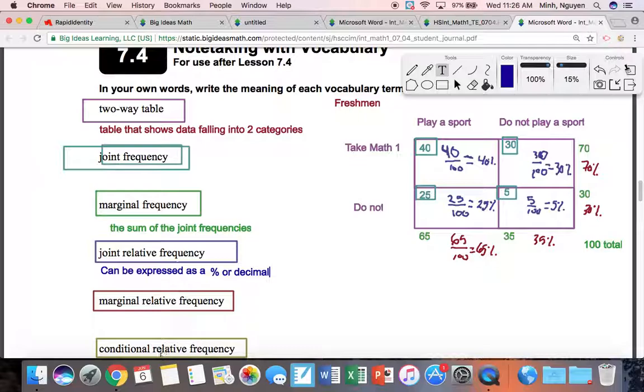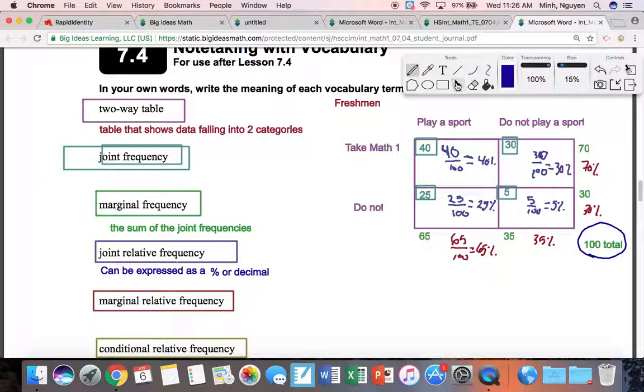The conditional relative frequency, so the condition is this. This one might be the only one that gives you any hiccups, so I'm going to spend a little bit more time talking about this. Let's say I asked you, out of all students who play a sport, how many take Math 1? Normally, in all these other ones, we looked at the 100 total.